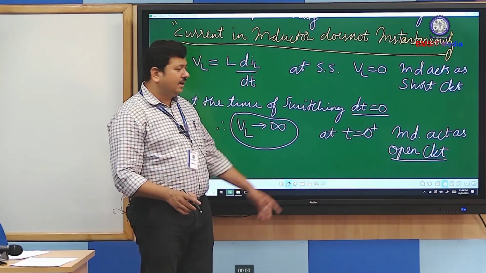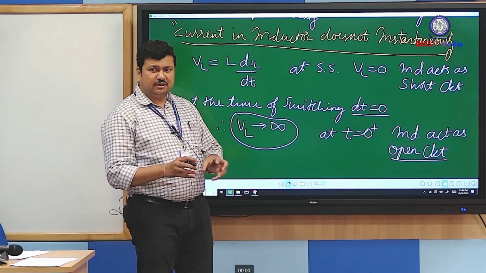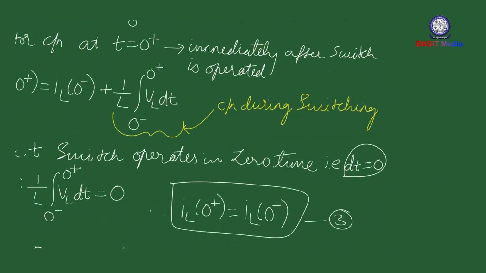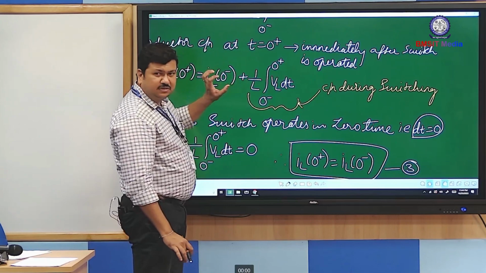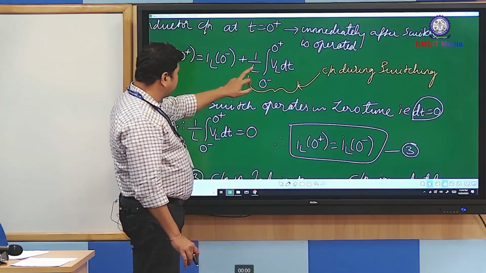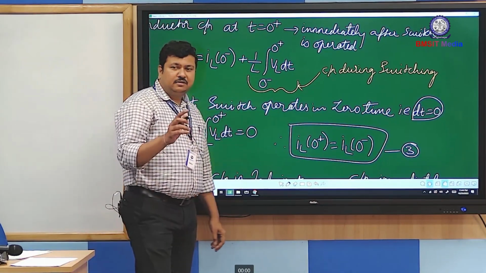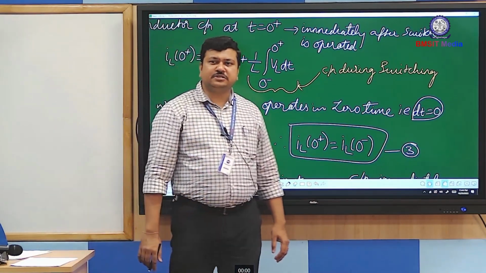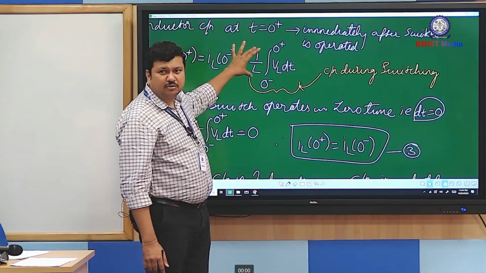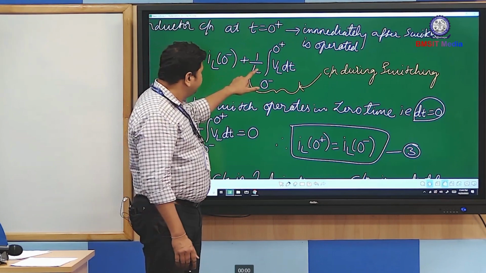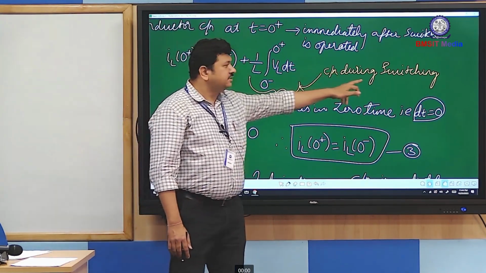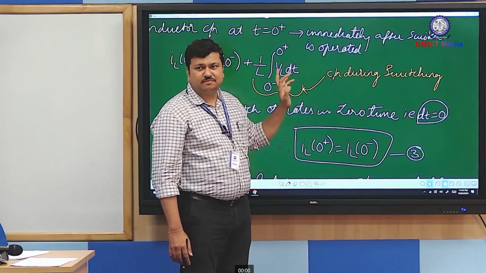Now one more proof why it acts as an open circuit is hidden in the derivation that we have already seen. Go back to the split of integration. This integral indicates the current at the time of switching. This integral is 0 at the time of switching because dt is 0.